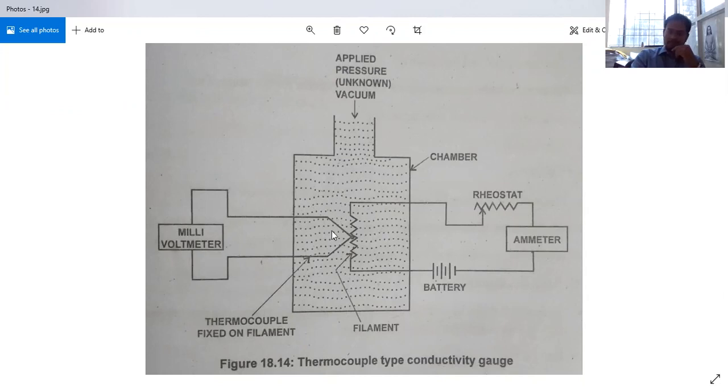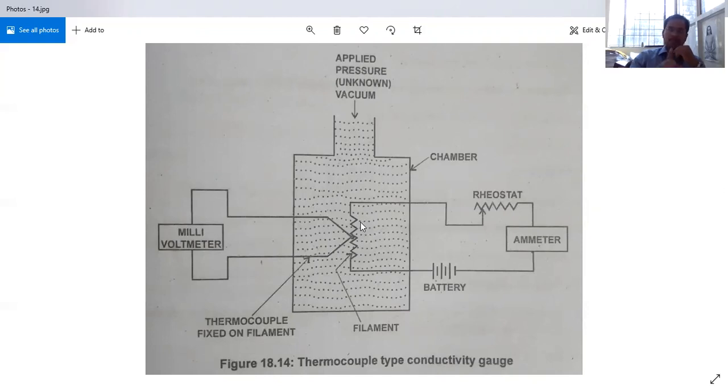Here in the thermocouple type conductivity gauge, we are having a thermocouple. A filament is here. You have an applied pressure. Coming to the basic principle of the thermocouple type conductivity gauge, depending on the density of the gas, it will be in contact with the conductor.